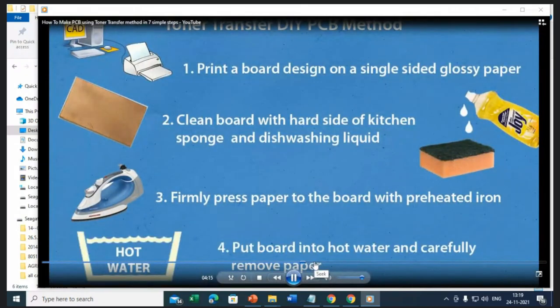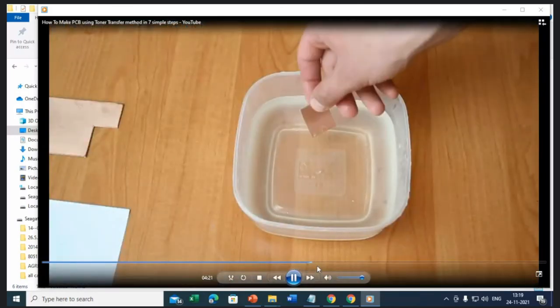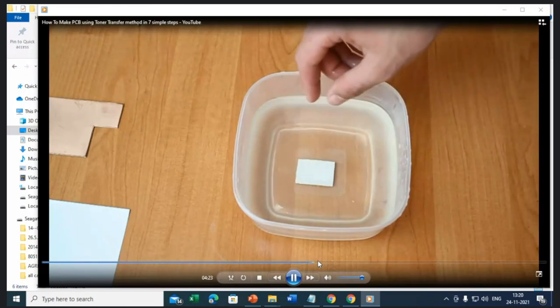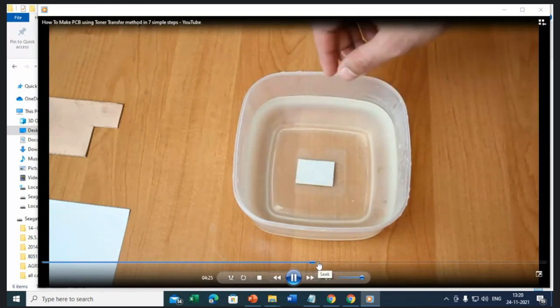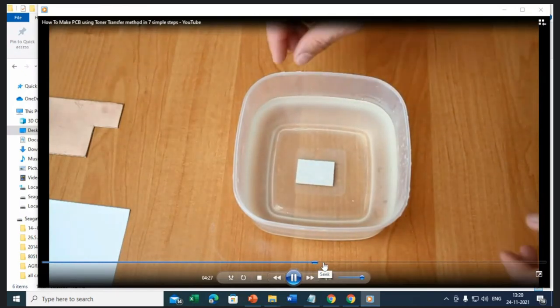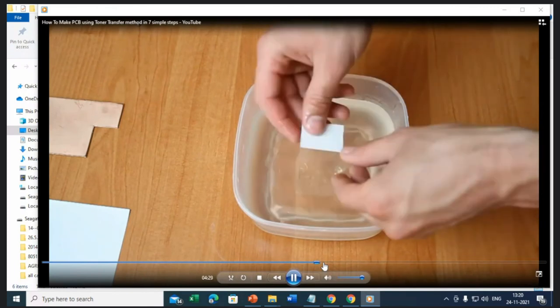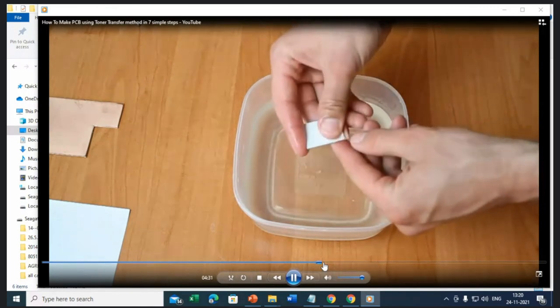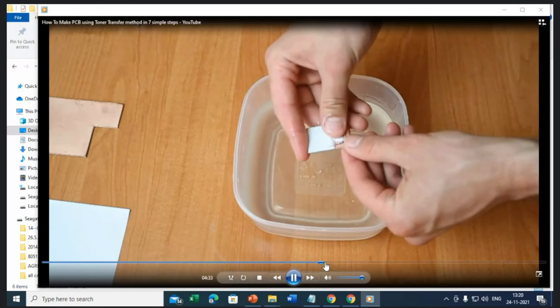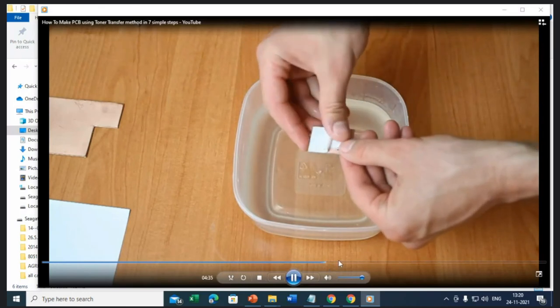So be careful. Hot water is not required, normal water is enough. Just peel off the paper, and you should not do it with your nails. It will remove your tracks.